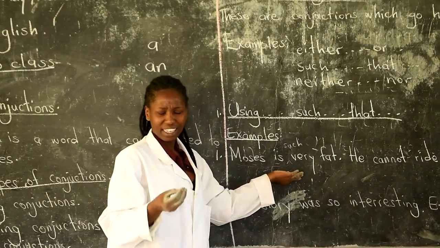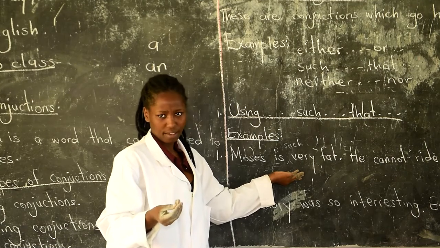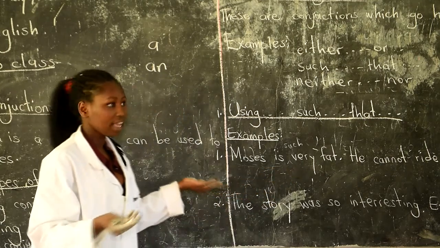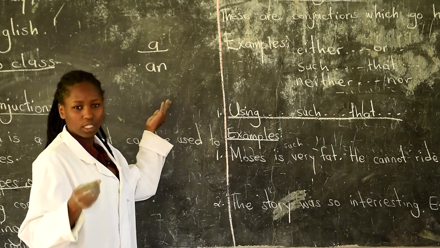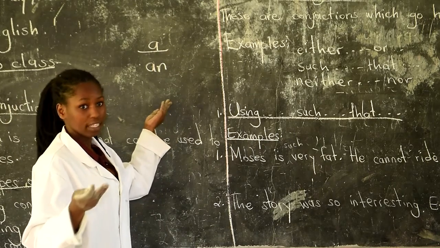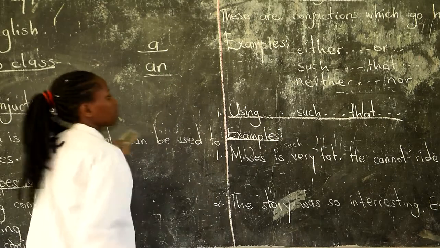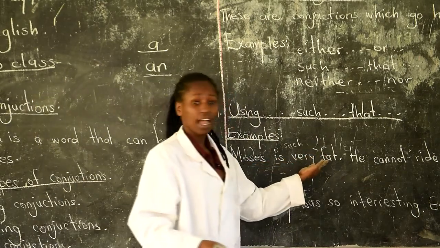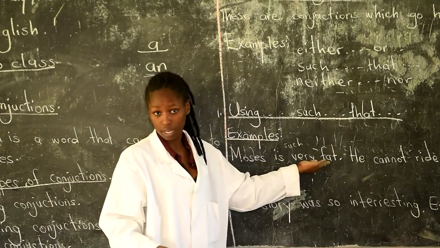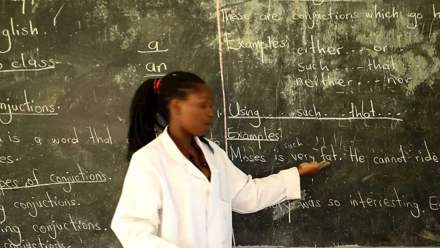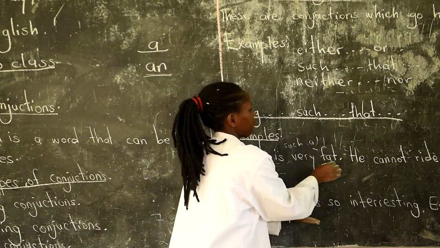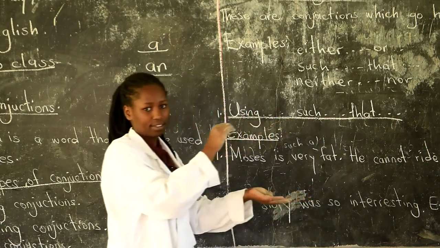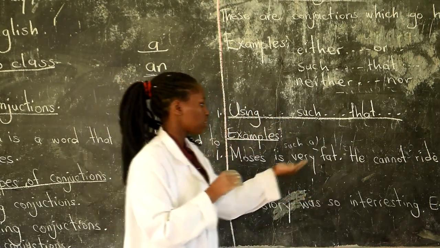Which letter does the adjective start with? If it's a consonant letter, you use article a. If it starts with a vowel letter, you use the article an. Now, the adjective we have here starts with a consonant, F. Therefore, we say, Moses is such a fat.